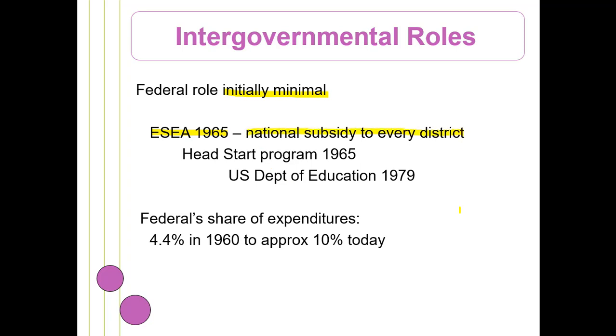This was again during the Johnson Great Society years, where we also enacted programs to eliminate poverty, as well as created Medicare and Medicaid. And Head Start was also included in this period to provide more funding and initiative for kindergarten and preschool type programs to get kids started early. National subsidy was provided for every district, so federal funding got more involved.